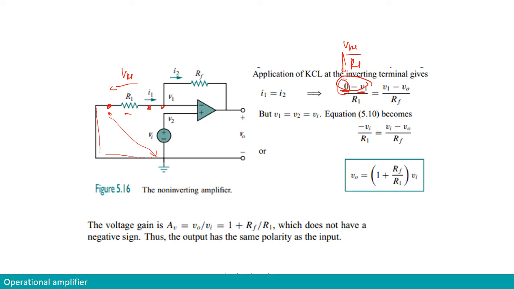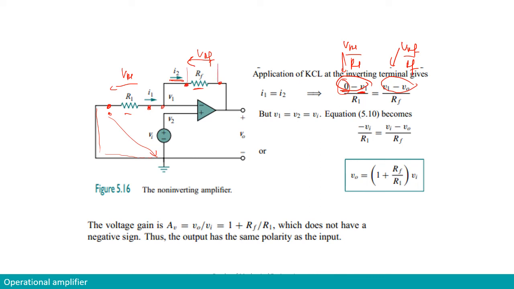And what about for I2? So I2 is equal to, again by Ohm's law, VRF over RF. And what is VRF? VRF is the potential difference between this point and this point.